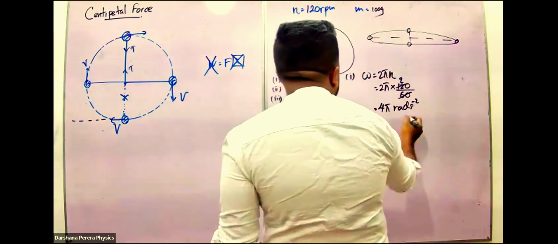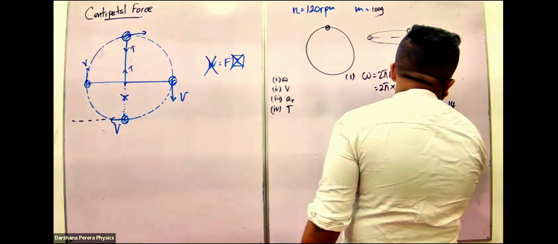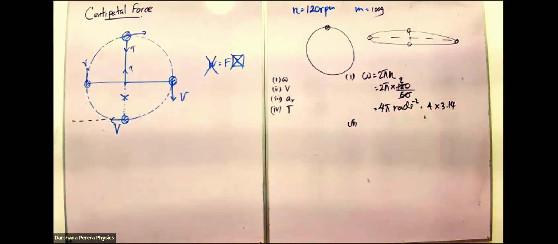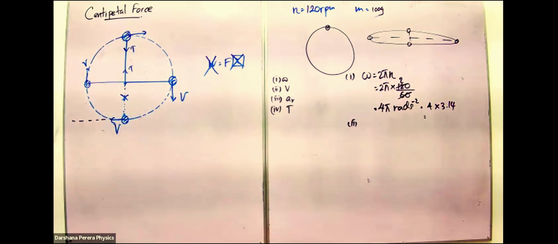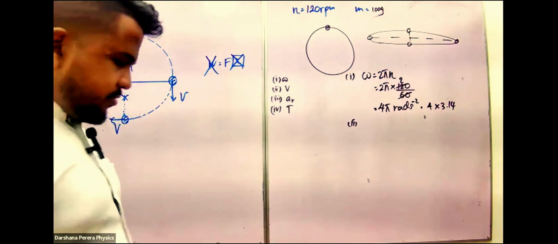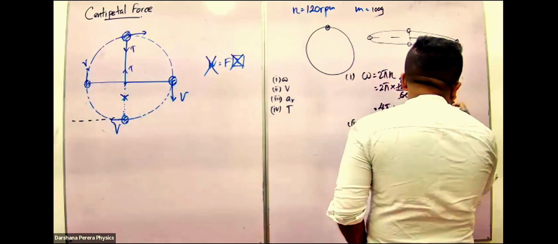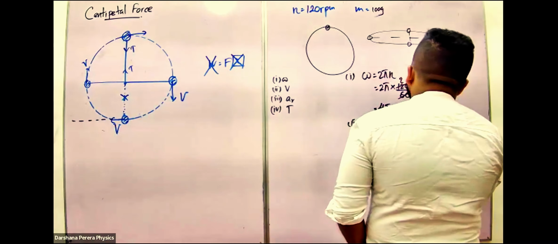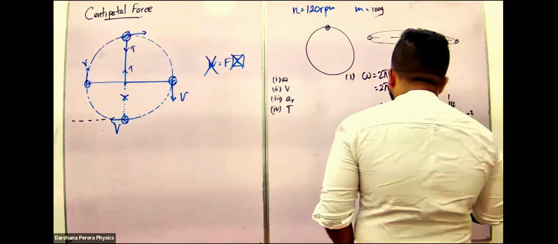Number two, when we substitute 4 times 3.14, we get 12.56 rad s^-1.